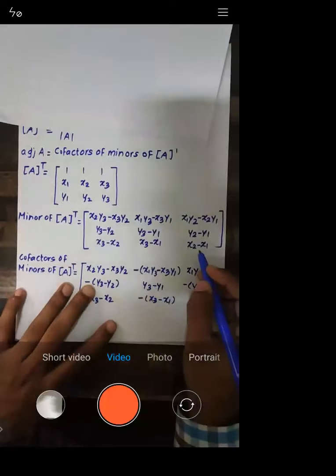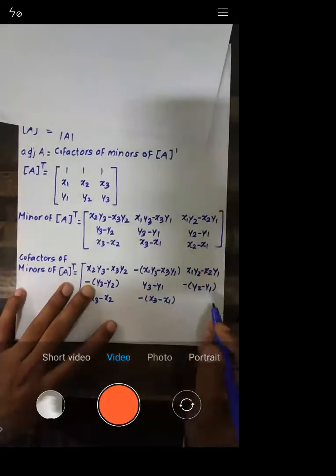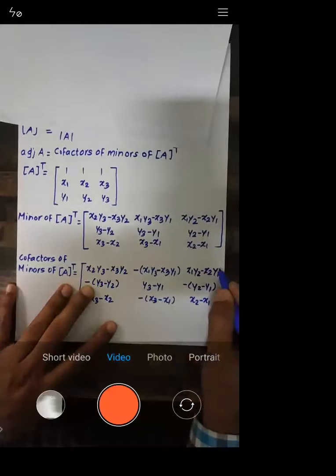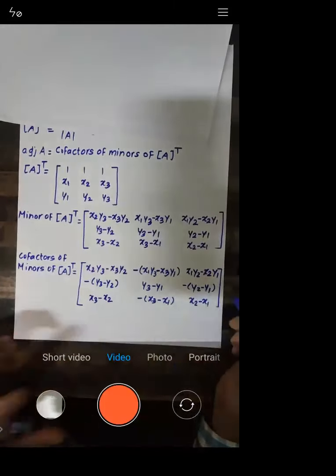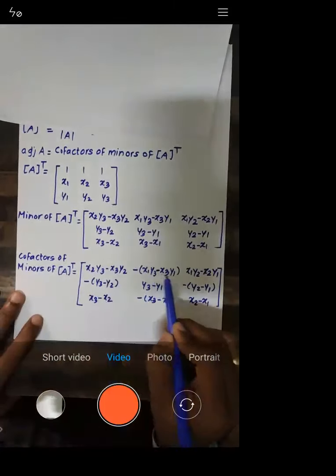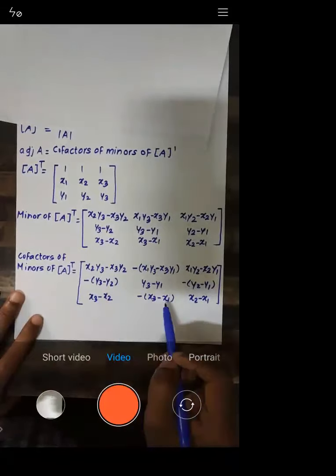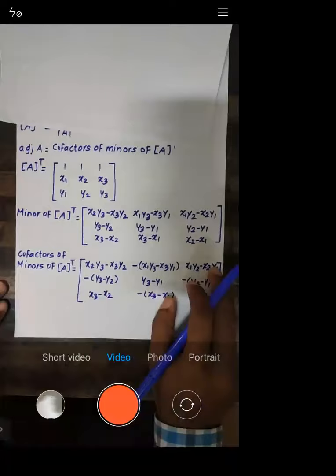Now here, third row, third column. That is even, so I'll keep that term as it is. X2 minus x1. Overall, the signs are plus, minus, plus, minus, plus, minus, plus, minus, plus. Like that, it is done.